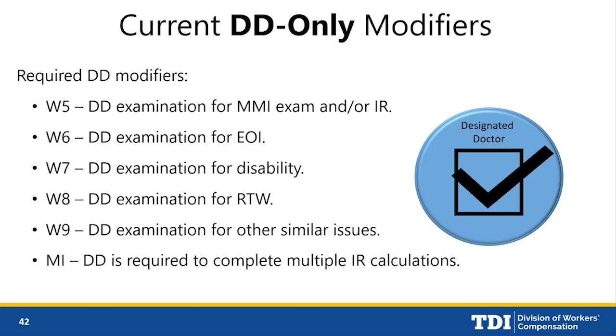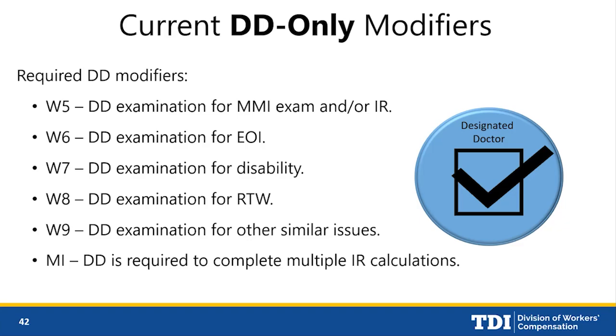Then we have our MI. MI is for multiple impairment ratings. Again, designated doctor only. So this is when the designated doctor has been asked by the division to do multiple impairments. This request should only come from the Division of Workers' Compensation on something called a presiding officer directive or a POD. So it's an order.